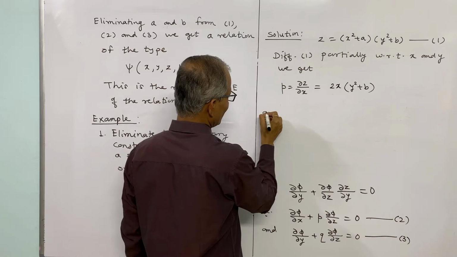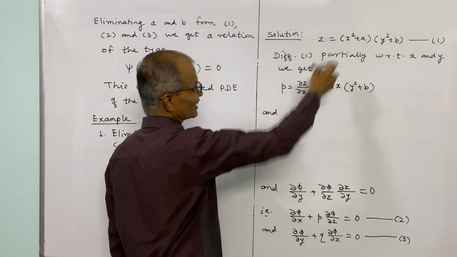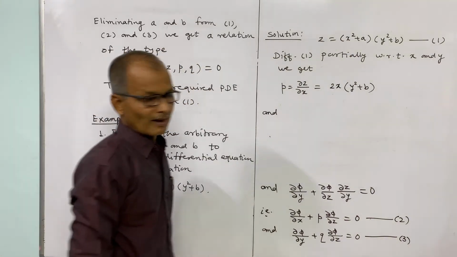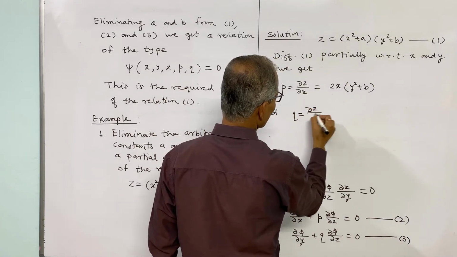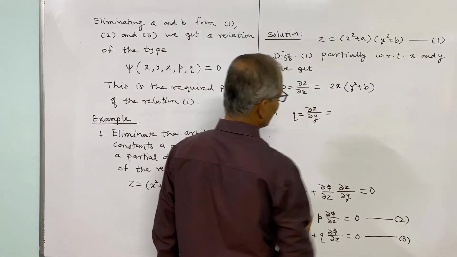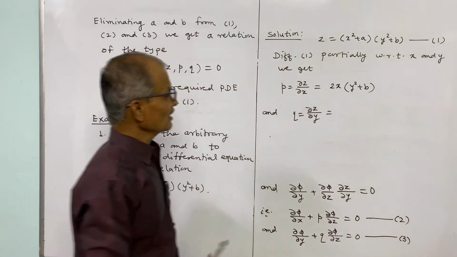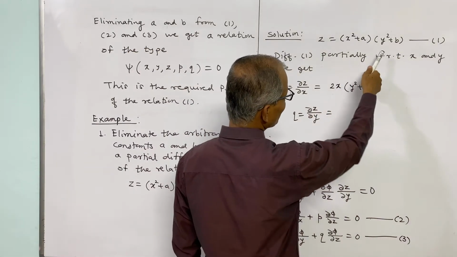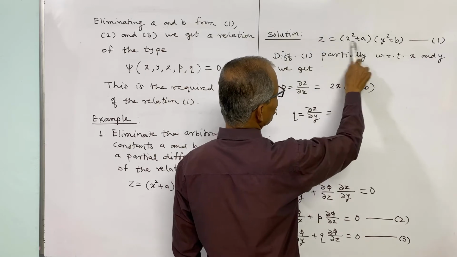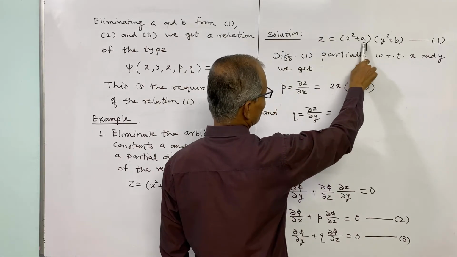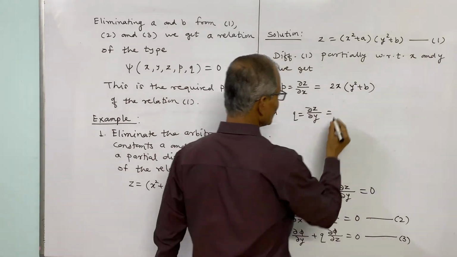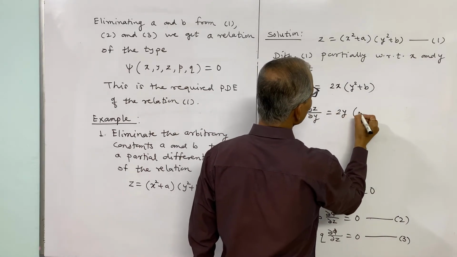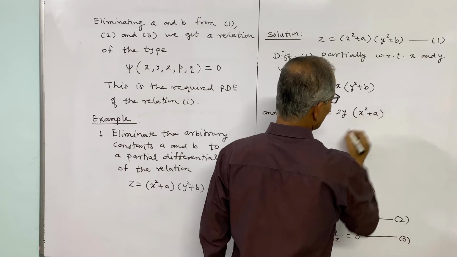And now the partial derivative with respect to y, that is q, is equal to partial derivative of z with respect to y, dou z by dou y. Here, when we are differentiating partially with respect to y, x is to be treated as constant, so this term becomes constant, and the derivative of this with respect to y is 2y. So this is simply 2y into x square plus a.